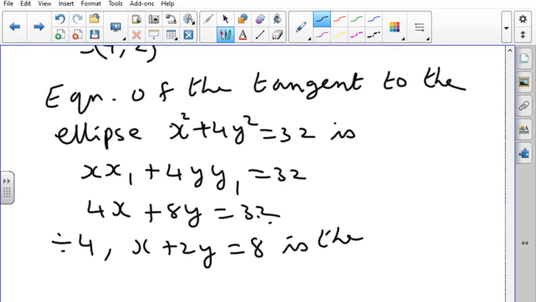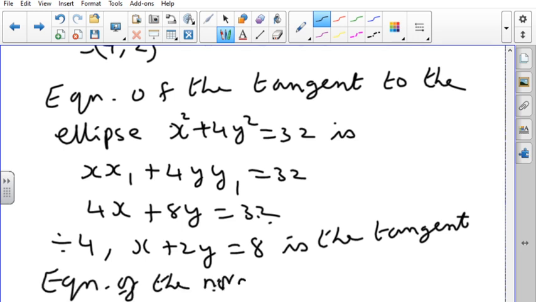Now what about the normal? So the equation of the normal is x plus 2y plus k is equal to 0. It passes through 4 comma 2.